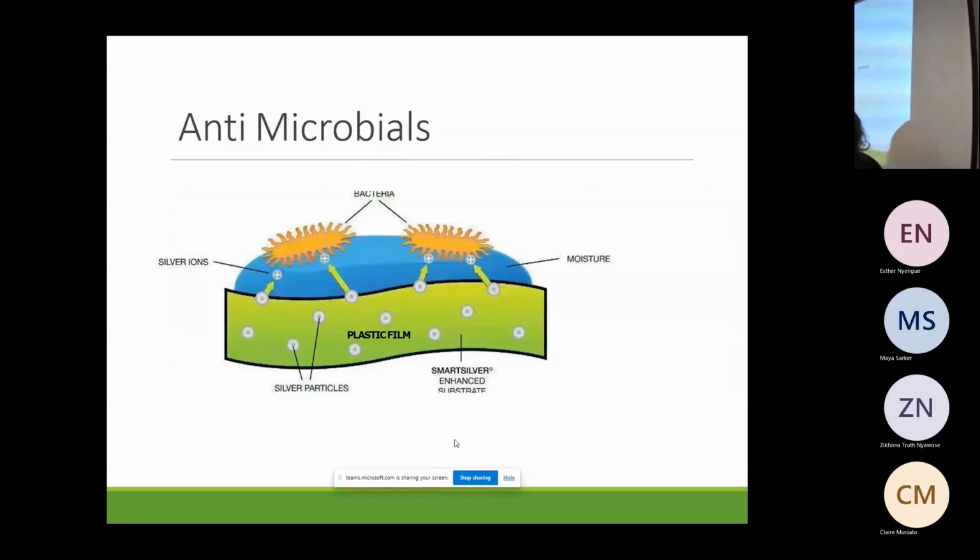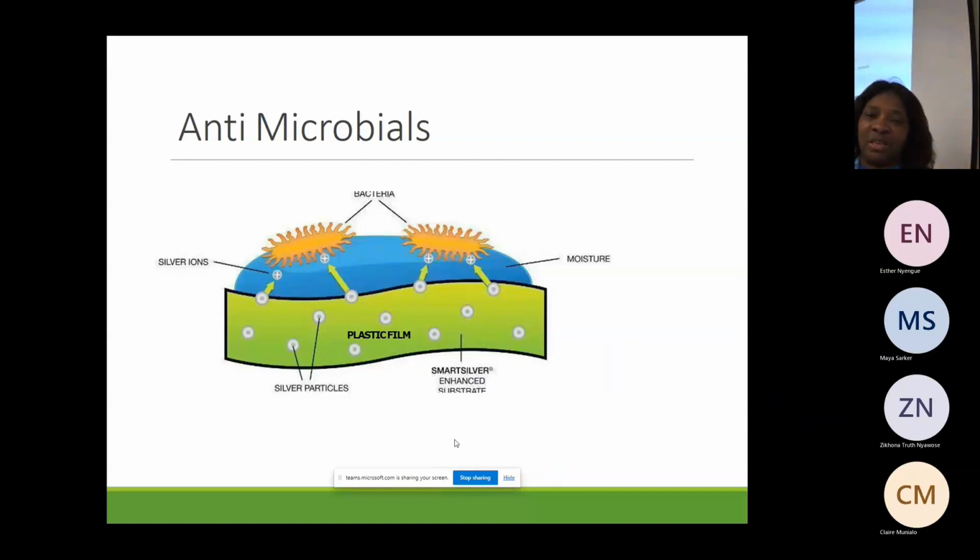Some of the antimicrobials that are actually used is packaged silver ions that kill the bacteria. These silver ions tend to affect the cell walls of the bacteria, and then they can actually sterilize the packaging.